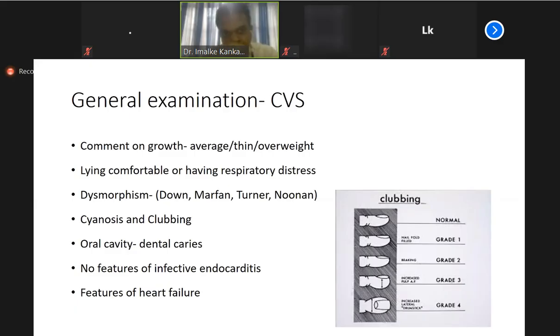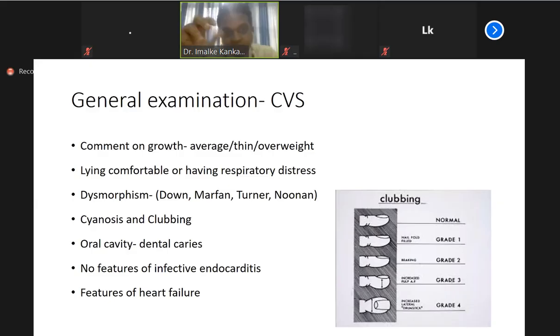So what are the things you are going to do in general examination? General examination has to be relevant to the system. So neurocutaneous manifestations is not a statement you are going to give in cardiovascular system examination. But cyanosis is not something you are going to mention in CNS examination.